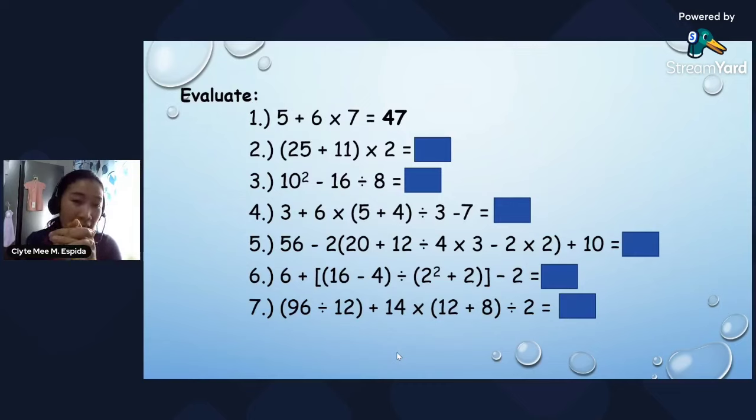We will not have it as 5 plus 6 first before multiplying it to 7. You answered 77 because you have 5 plus 6 is 11 times 7, that's 77. But that is wrong. The correct answer is 47. For those who answered 72, how did you get 72?